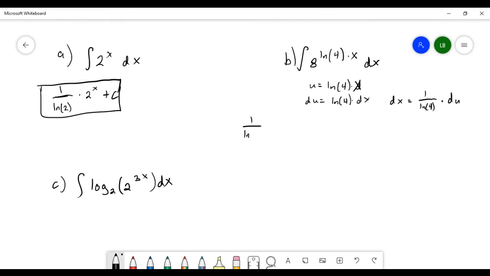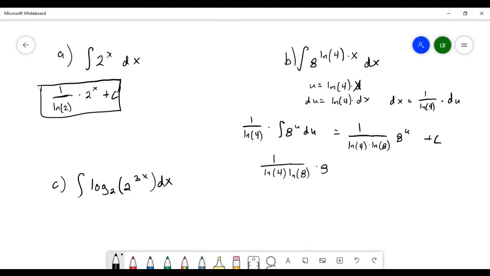So we end up with the natural log of 4 times the integral of 8 to the u du, which is the natural log of 4 times 1 over the natural log of 8 times 8 to the u plus c. So our answer is the natural log of 4 over the natural log of 8, times 8 to the natural log of 4 times x, plus c.